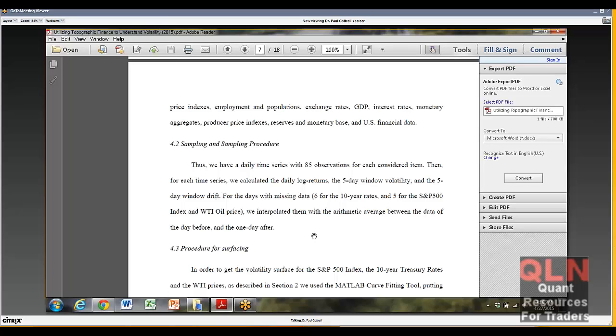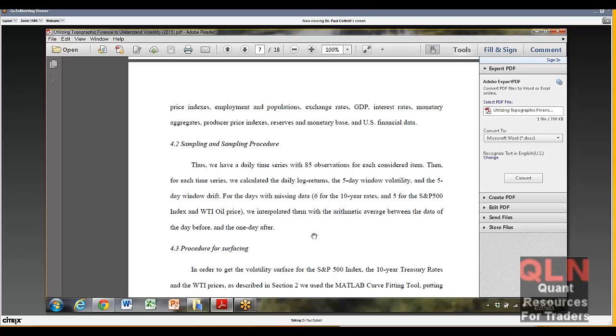There are cases where I've used larger windows for larger studies, but I find for trading, at least at the day level, that a 5-day moving window is good. So we had to truncate the first 5 closing prices in the data set, and we ended up starting with November 10th instead of November 3rd. So we have a 5-day moving window for volatility and a 5-day moving window for drift.